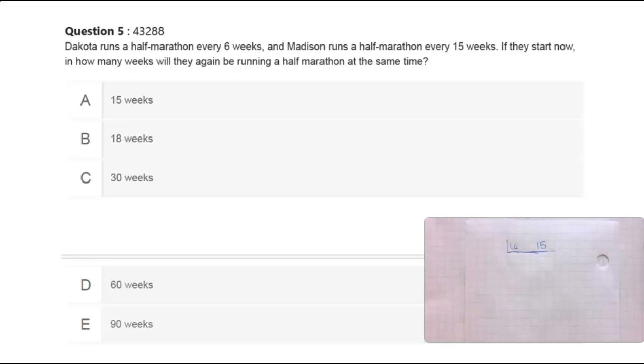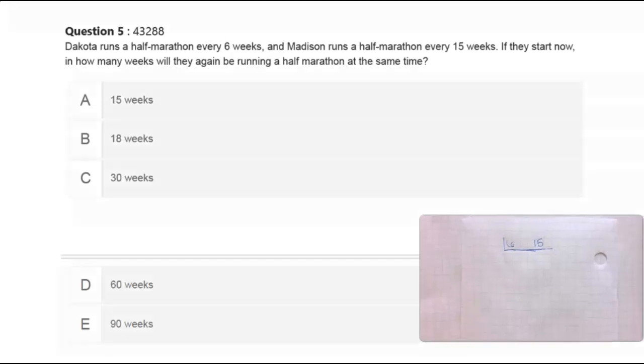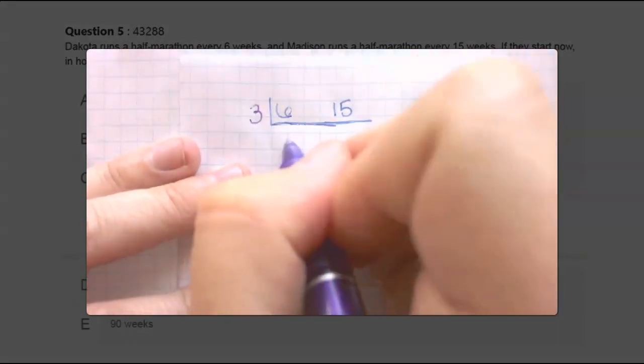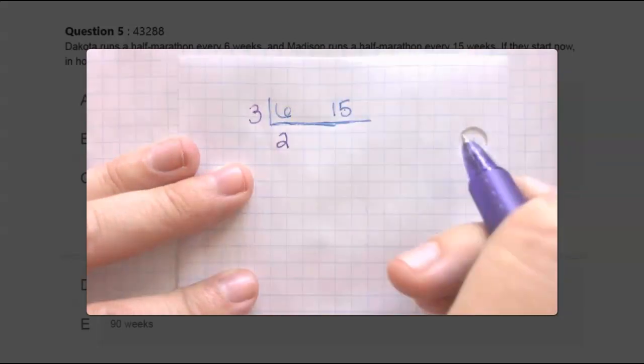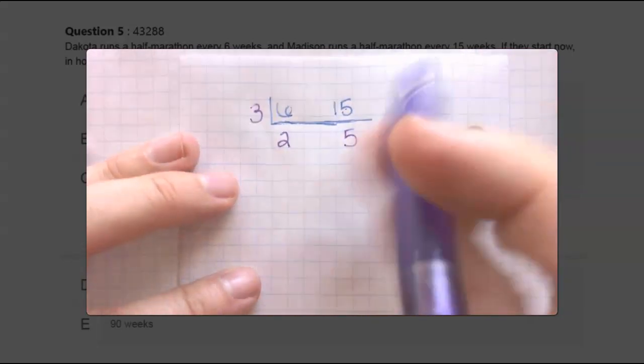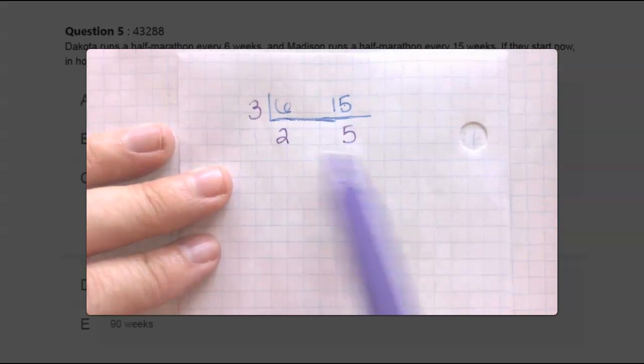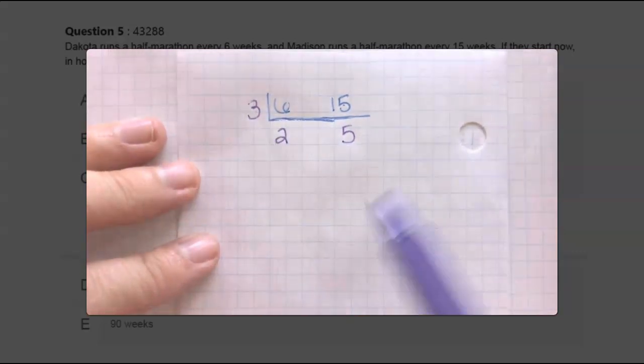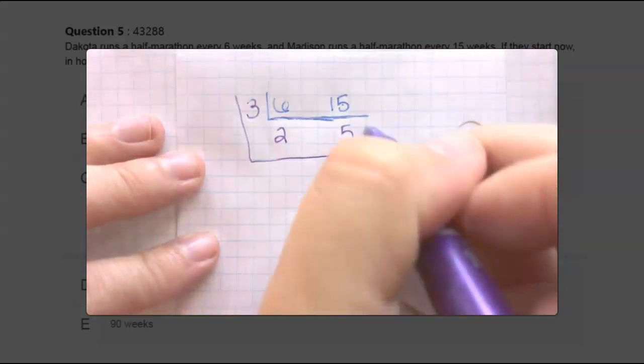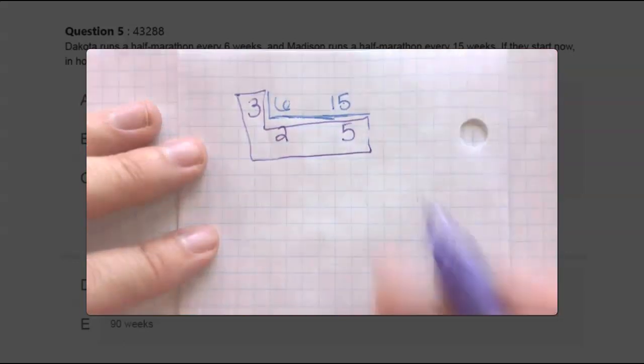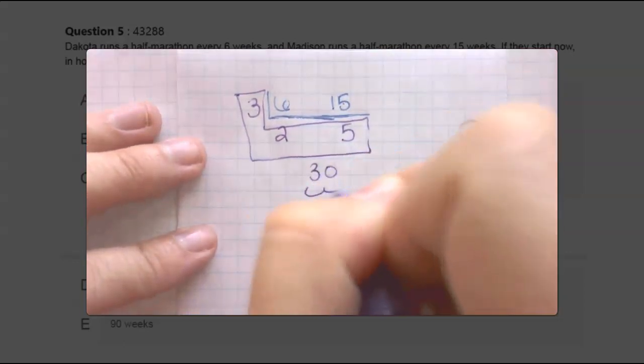So we're going to try to find the common multiple of both 6 and 15. And this one's actually nice and simple. They both share a 3. 6 divided by 3 is 2. 15 divided by 3 is 5. And they're both prime already. We only had to do one quick little step. So there's your L that you would multiply for least common multiple, and you should get 30.